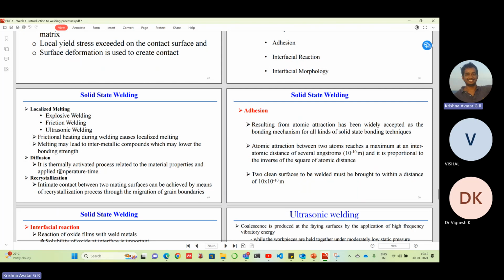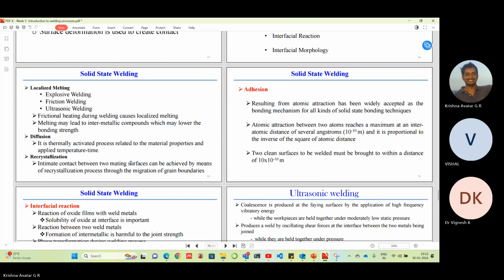lower the bonding strength. Diffusion is generally a thermally activated process, which is related to the material properties and applied temperature and time. And recrystallization is when intimate contact between two mating surfaces can be achieved, say through this recrystallization process because of the migration of grain boundaries.